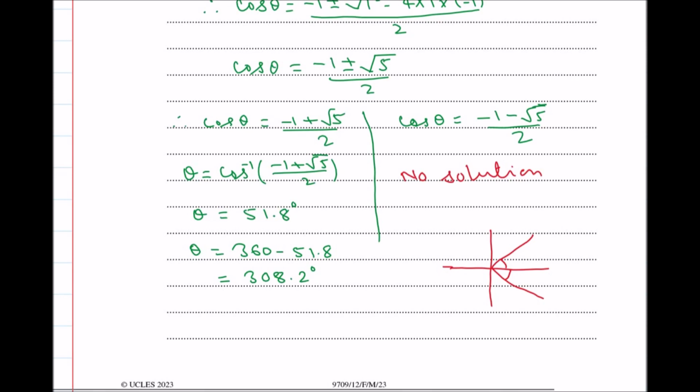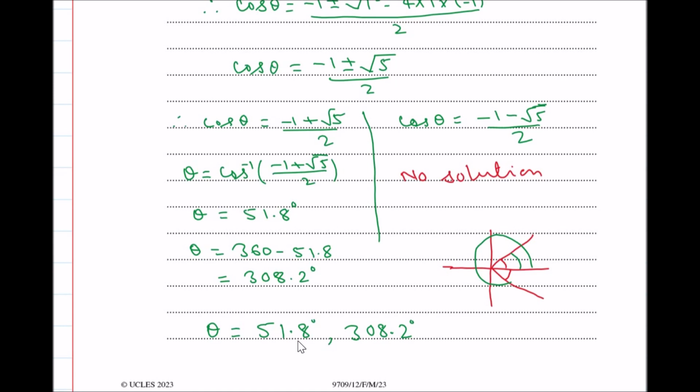One is this, 51.8. The other angle will be from here to here, anti-clockwise, to find the positive angle. That is why we need to subtract 51.8 from 360, giving 308.2 degree. So theta finally we need to write 51.8 degree, comma, 308.2 degree.